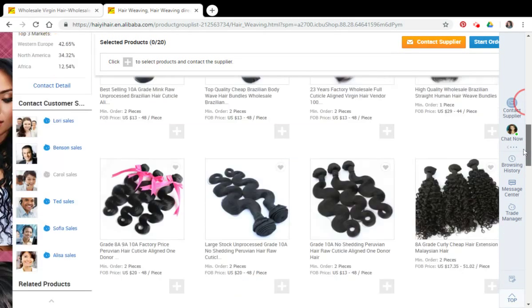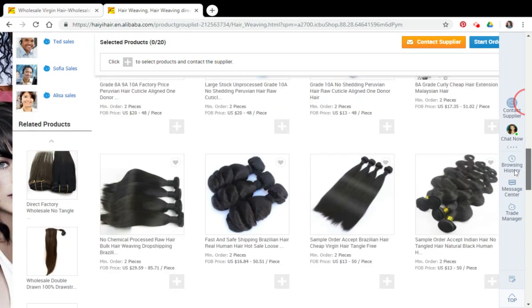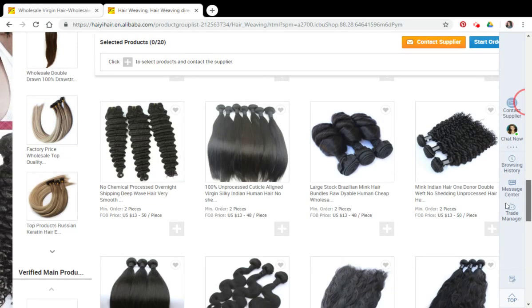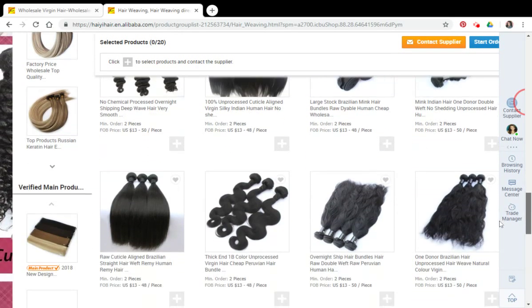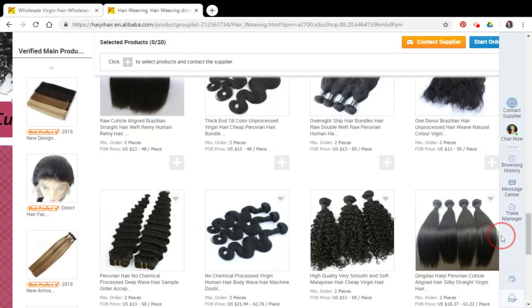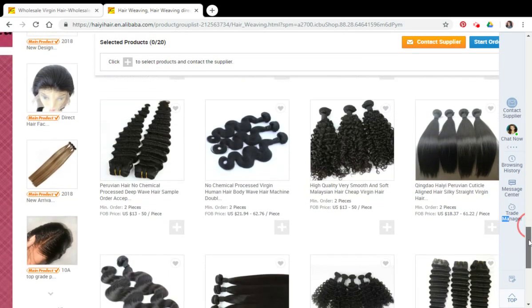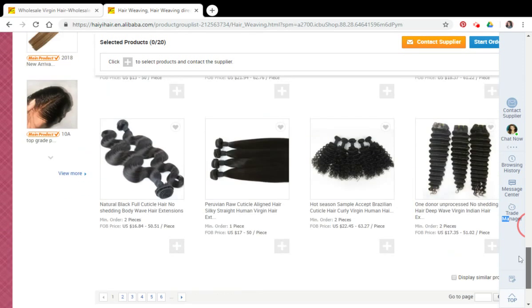Okay. So nothing really stands out as off to me. All the bundles look pretty much like they're packaged in the same manner.